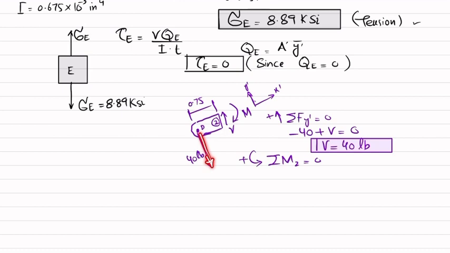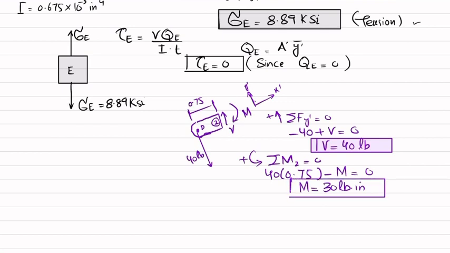So 40 into 0.75 is a counterclockwise moment, so it is positive, minus this moment which is clockwise, and their sum must be equal to 0. So 40 into 0.75 minus M is equal to 0. So the moment is equal to 30 pound into inch.